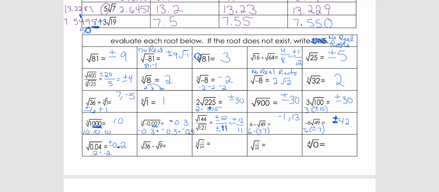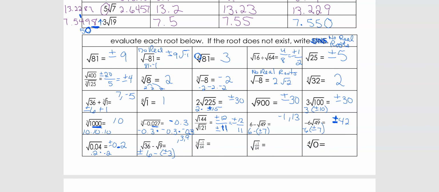Square root of 36 minus 9. Now this one, because there's a subtraction, there's going to be several different answers we need to make sure we're prepared for. So plus or minus 6 minus plus or minus 3. So we're going to do this one at a time. Positive 6 minus negative 3. That's 9. Positive 6 minus positive 3 is 3.